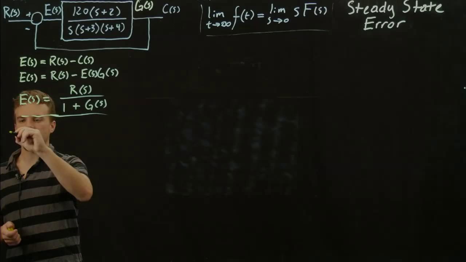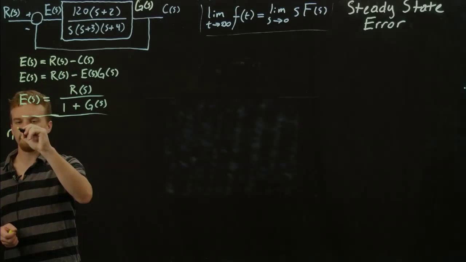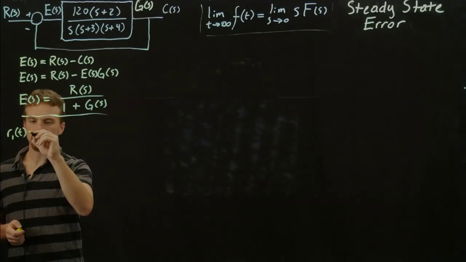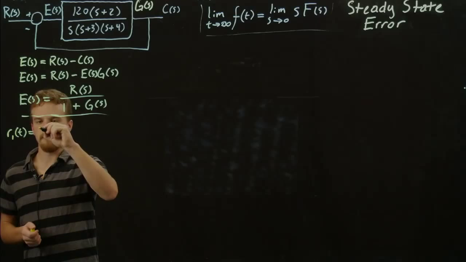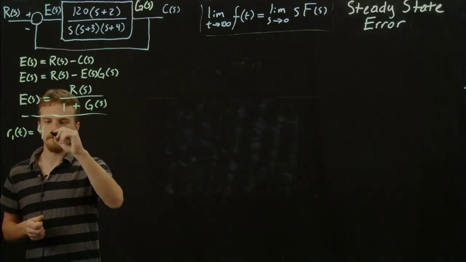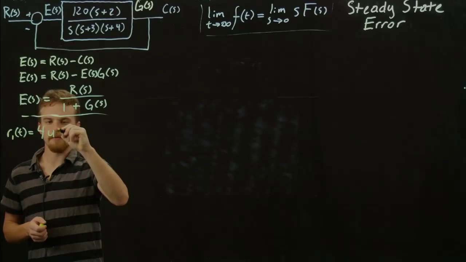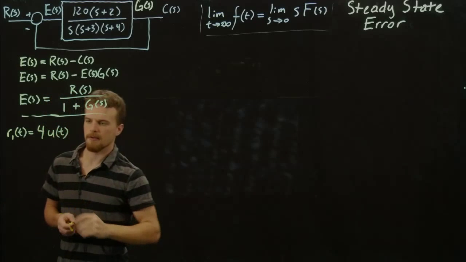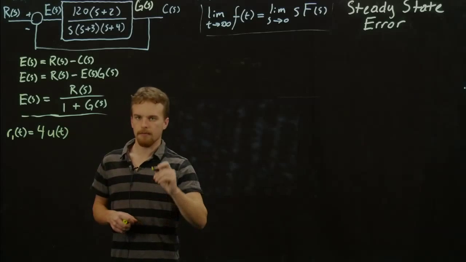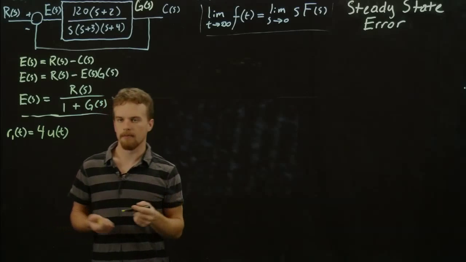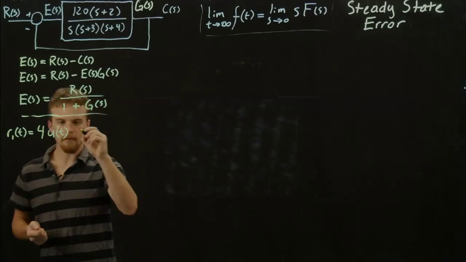Let's call it R1 of t. Let's say that one was equal to 4, which is sort of an arbitrary constant, times u of t, which is a step function. This would be just a constant value of 4 starting at t equals 0.